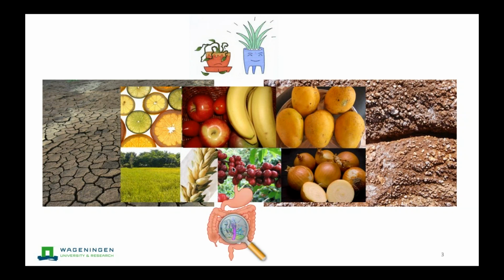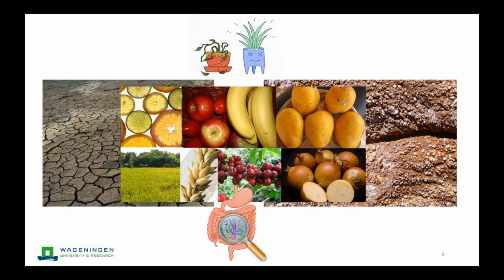Another question, or another field, is that not only do we want to grow these plants, but they also should be healthy. If we eat bananas, we expect to get nutritional value out of them. And the impact of climate on how healthy our plants are is a field that is just emerging now.